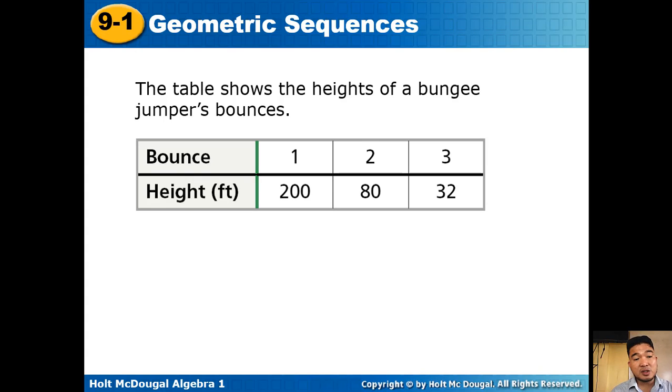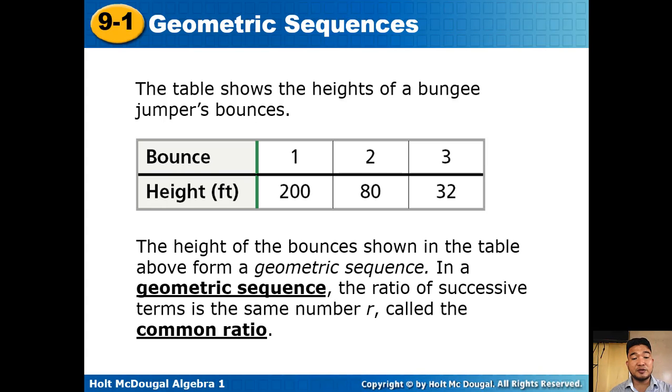Sa unang bounce, yung ating jumper, ang naabot niya ay 200 feet. Sa pangalawang bounce, medyo hihina na yon, kaya ang naabot na lang niya ay 80. Sa pangatlong bounce, dahil pahina siya ng pahina, nagiging mababa din yung nare-reach niyang height. So 32 na lang.